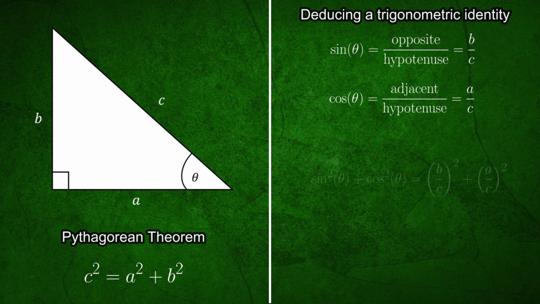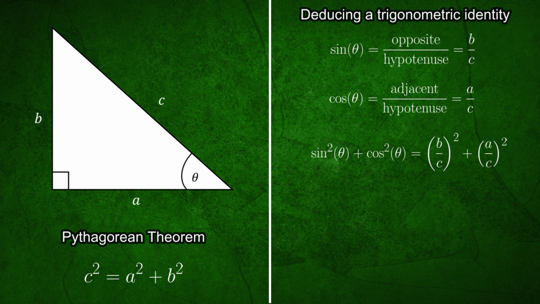Thus, sine squared of theta plus cosine squared of theta will be equal to b squared over c squared plus a squared over c squared, which can be simplified as b squared plus a squared divided by c squared. But according to the Pythagorean theorem, b squared plus a squared is equal to c squared.